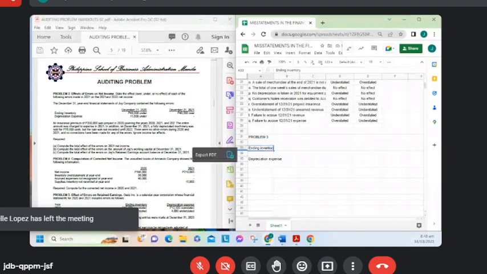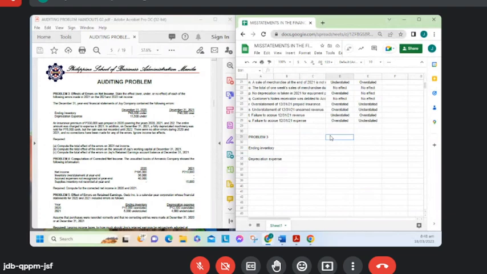Okay, yan na muna. Nakalagay dito: effect on net income.